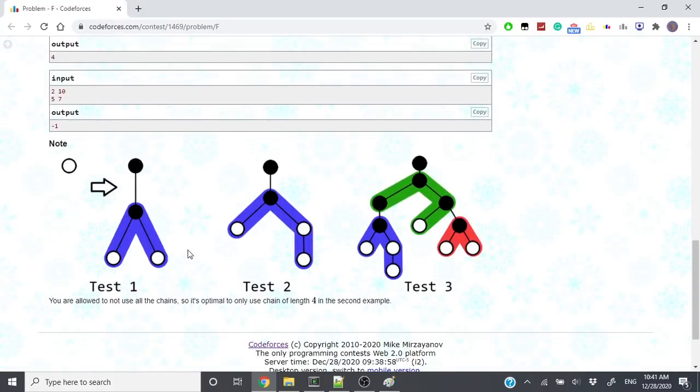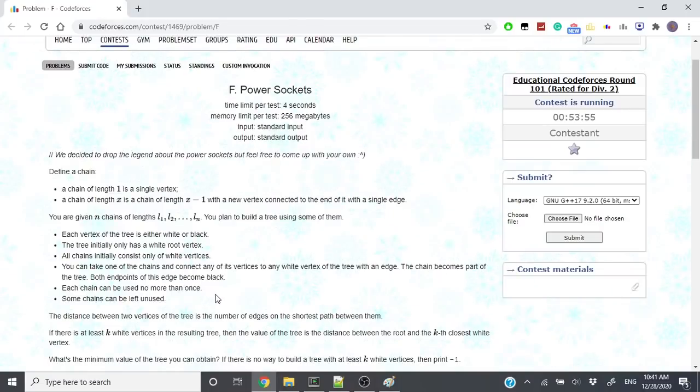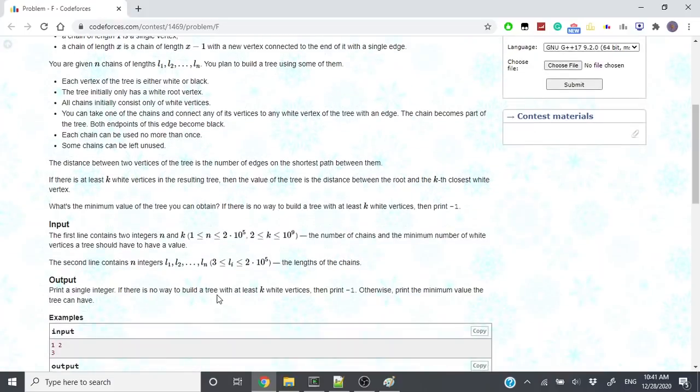So you start off with what? There's at least k white vertices in the resulting tree, and the value of the tree is the distance between the root and the kth closest white vertex.